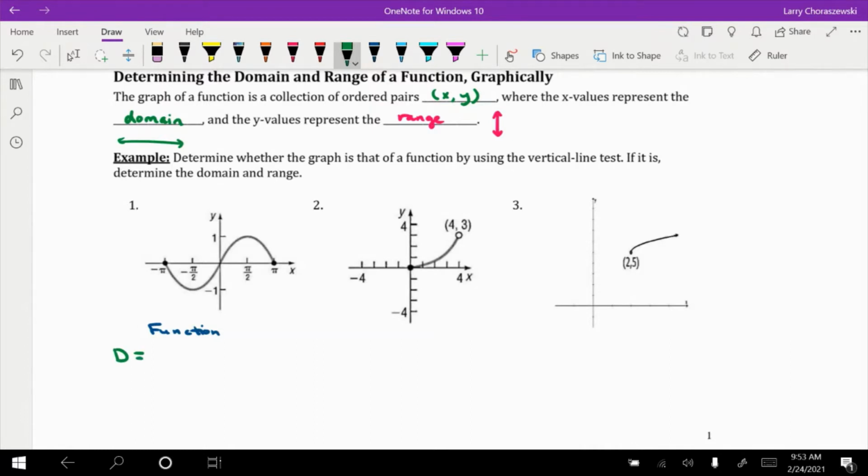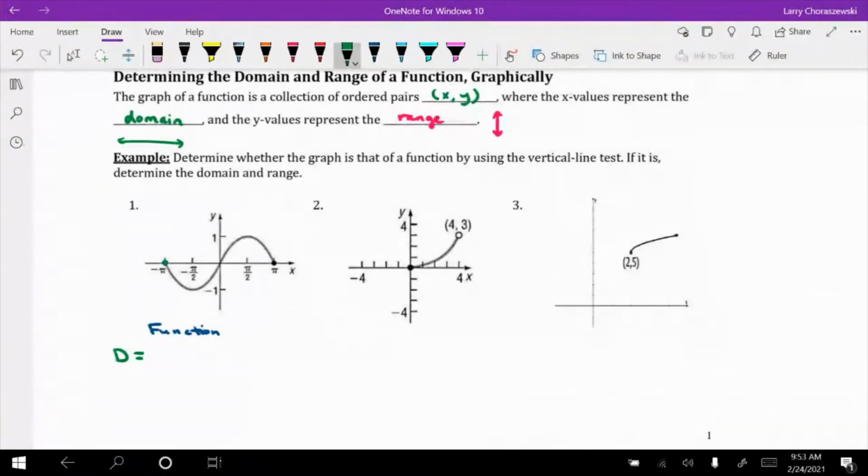So let's start things out from here by finding the domain. Again, think horizontally. Let me ask you this: what is the first x value that's used on this graph? In other words, what's the smallest x value being used to create this graph? Negative pi. Yep.